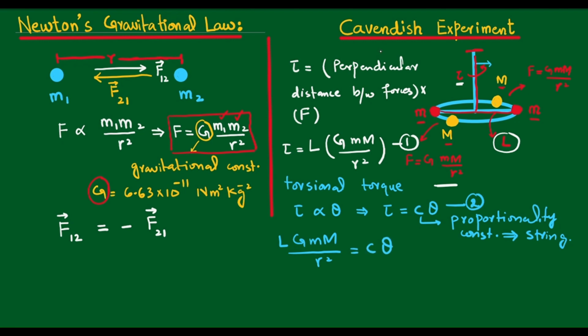It implies that we can find the value of G from this equation. G will be equal to c theta multiplied by r square divided by capital L, small m, and capital M.